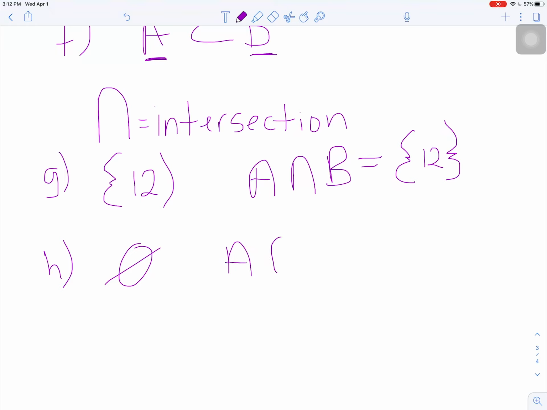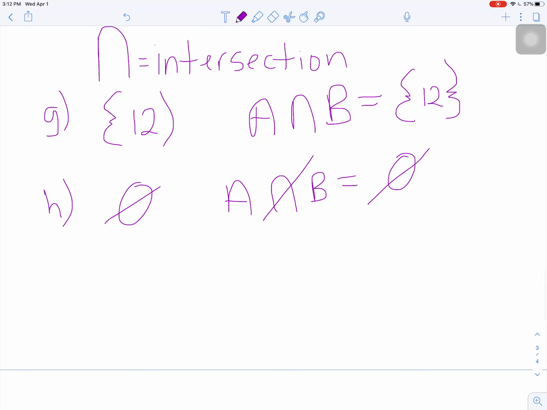So A and B do not intersect, equals 0. Okay, so if you wanted to put that into drawings for Venn diagrams, I'm going to do G and H again, just show you how you would put the Venn diagrams.